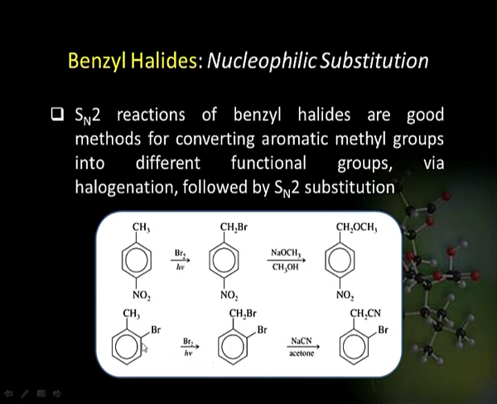Similarly, this is ortho-bromotoluene, which is halogenated to get the alkyl bromo product, and in presence of sodium cyanide it gives cyanide substituted in this particular alkyl group and the bromo compound.